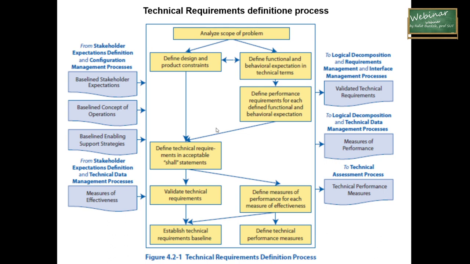After the second step, we have to go to the next step, which is to define technical requirements in an acceptable short statement, because not always are the requirements defined by the customers or even by the designer exactly the same.